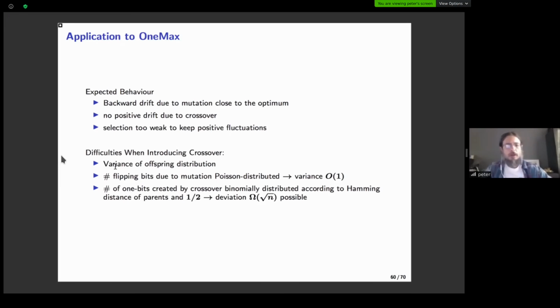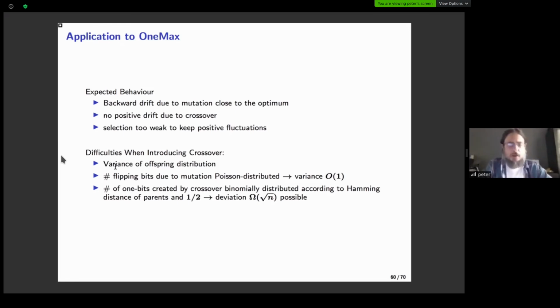We don't expect crossover to give us any positive drift. And since fitness proportional selection struggles to distinguish between individuals when they're all close enough to the optimum, this selection operator will struggle to keep positive fluctuations. So we have a negative drift overall that goes away from the optimum.